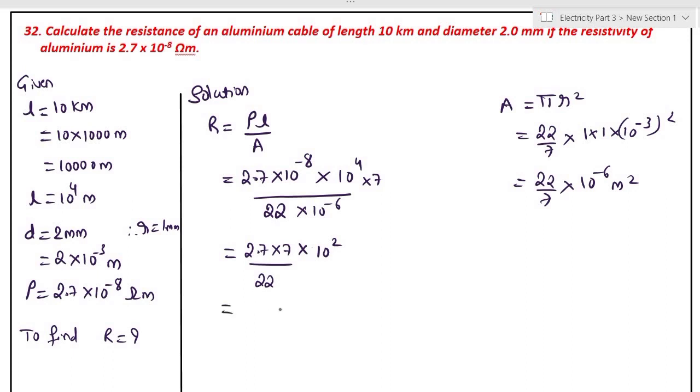So this can be written as 7 7s are 49, 7 2s are 14, and this is 18.9 into 100 divided by 22. When you simplify this, we will get 85.9 ohm is the answer for the given question.